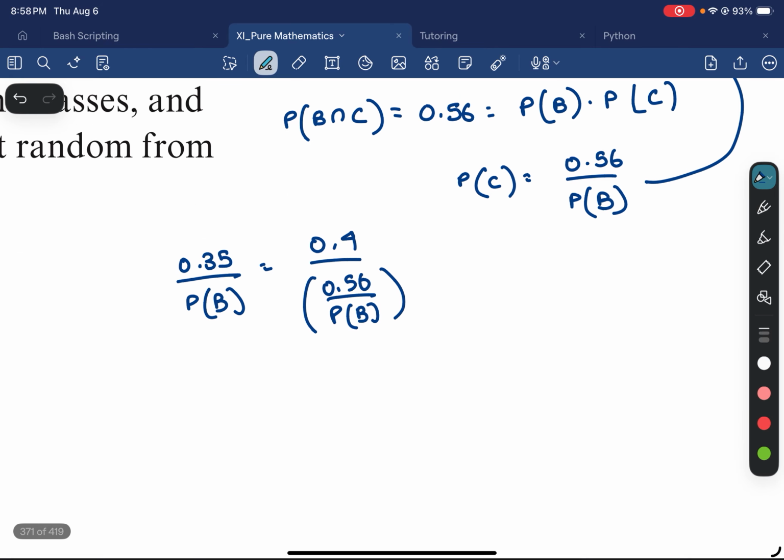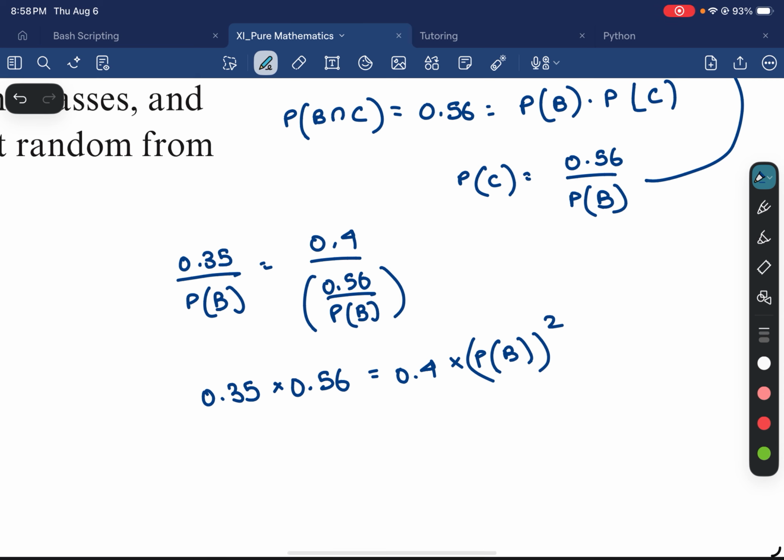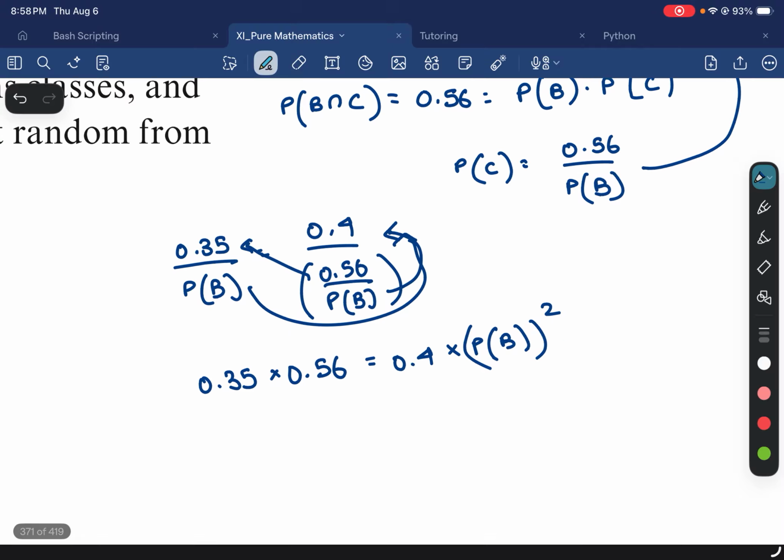All right. If you rearrange this, you are going to get 0.35 times 0.56. So I'm going to leave the rearranging to you, but this is the final expression that you are going to get. P(B) squared, this will go in the numerator. You multiply this here. This also goes into the numerator, right? So you get this expression.